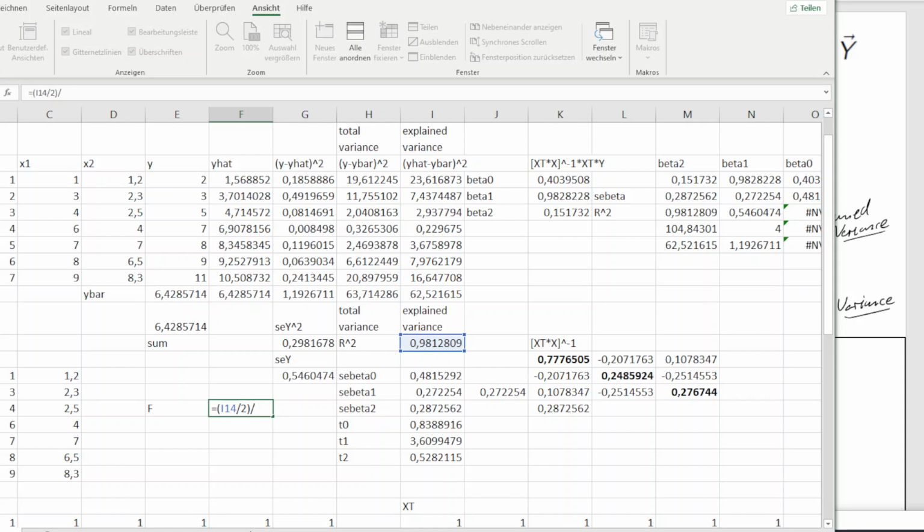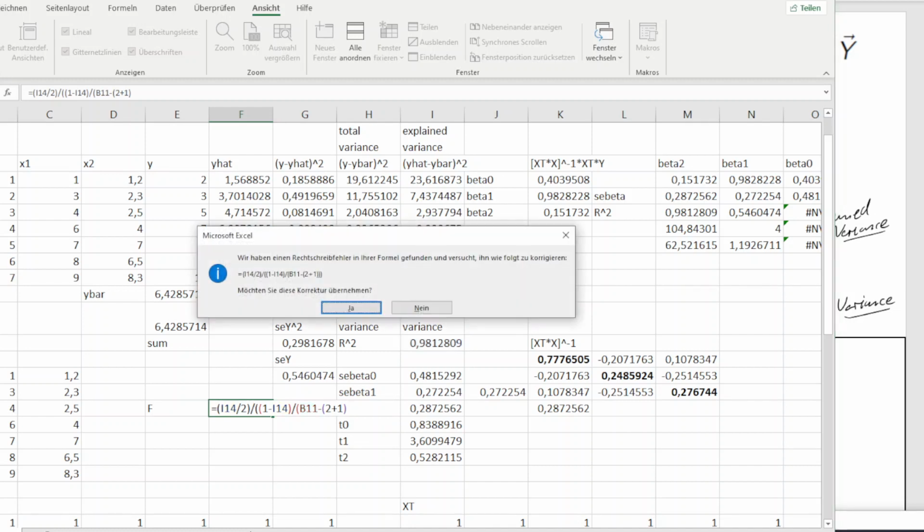All this divided by 1 minus r squared over n, 7, minus k, k is 2, plus 1. Closing brackets.